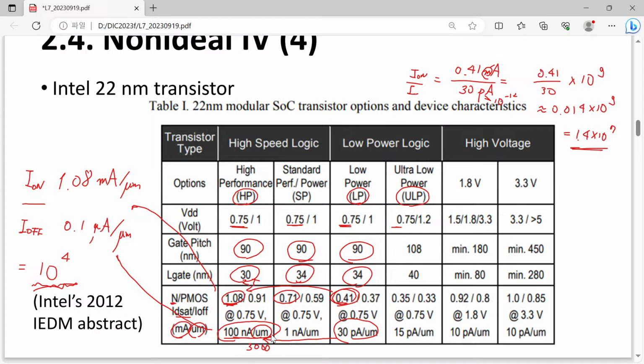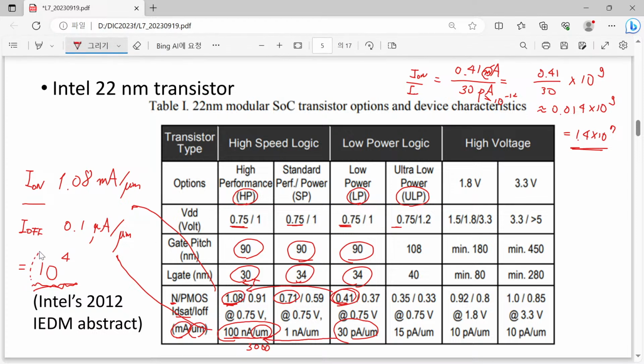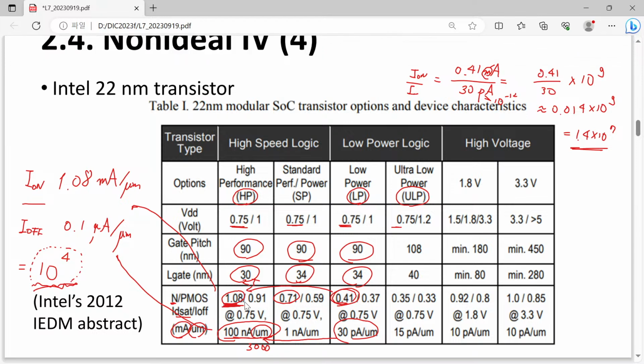That's the reason why you have a drastic reduction of on-off current ratio. Okay, so now you have a relatively poor on-off ratio. However, you get a more powerful device when it is fully turned on.